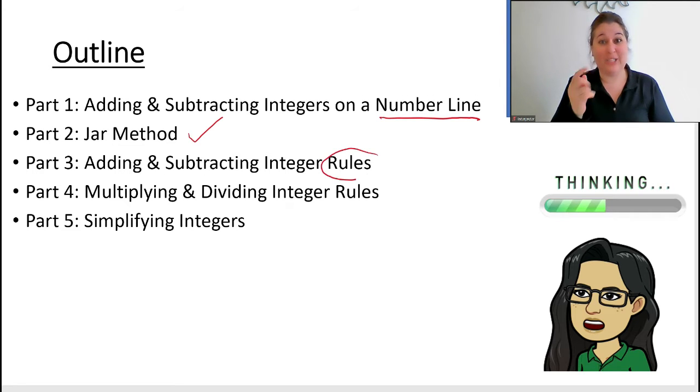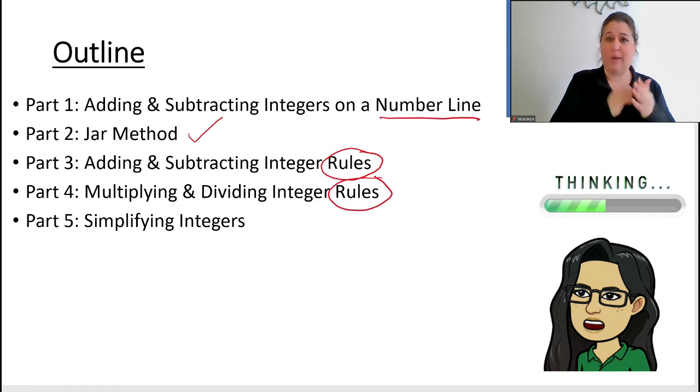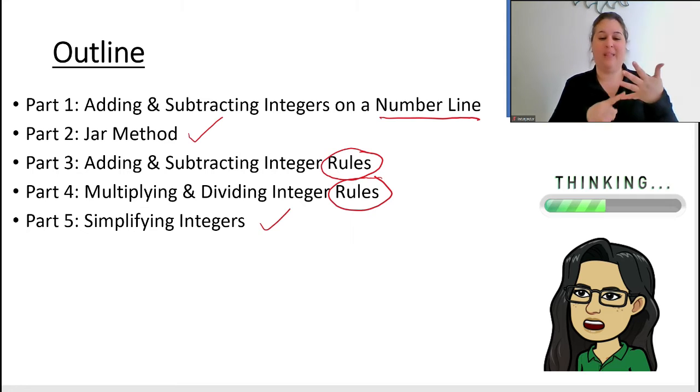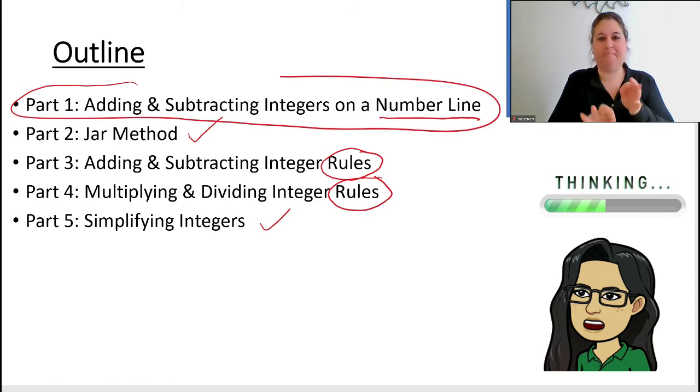Then we will go into the actual rules for adding and subtracting. Then the rules for multiplying and dividing integers. And then in the end, we'll talk about simplifying integers. So let's go ahead and start with part 1, adding and subtracting integers on a number line.